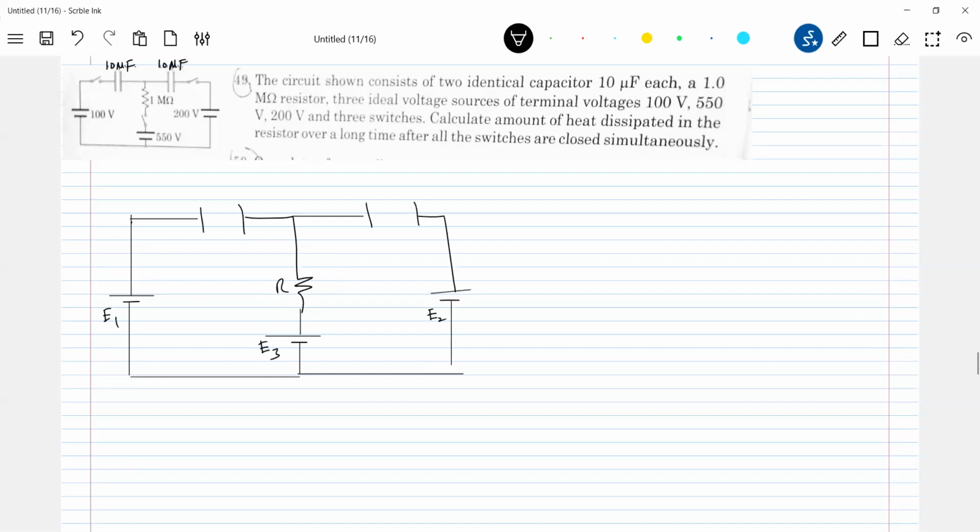There's the capacitance. Let me call them C1, C2. We have to calculate the total energy generated in the circuit. Okay, how to bring that?